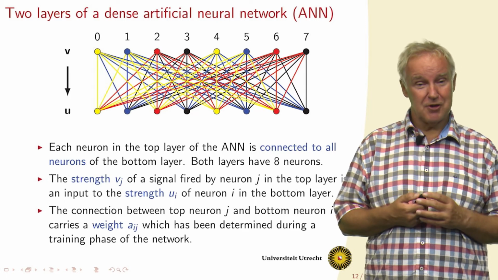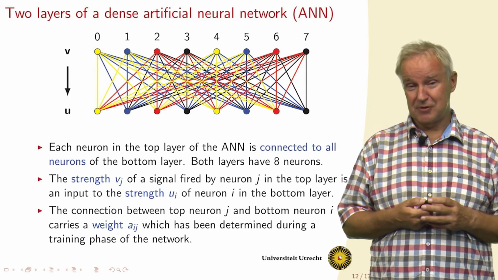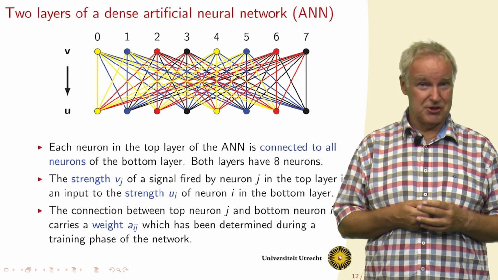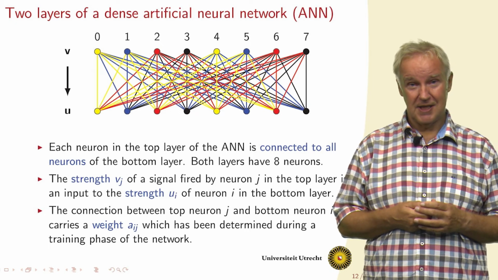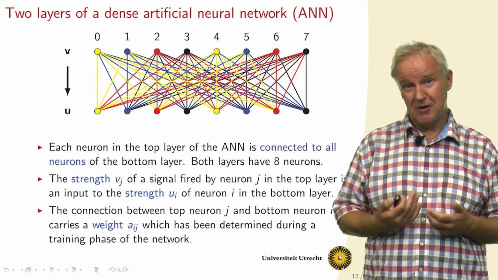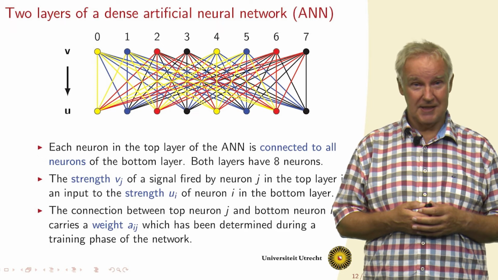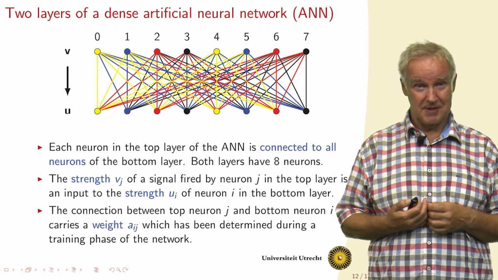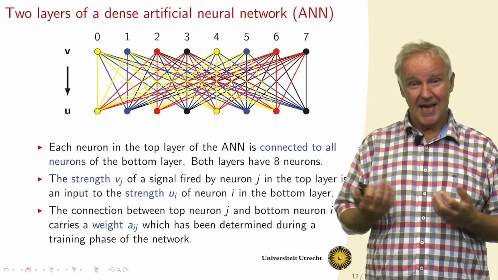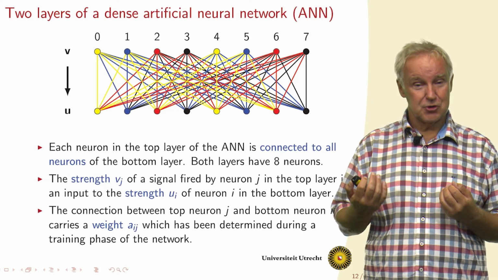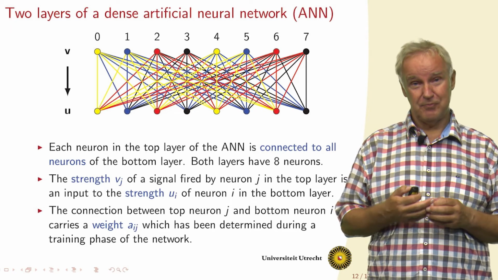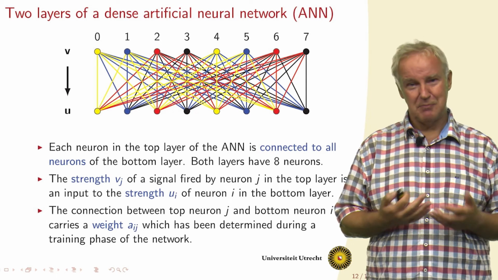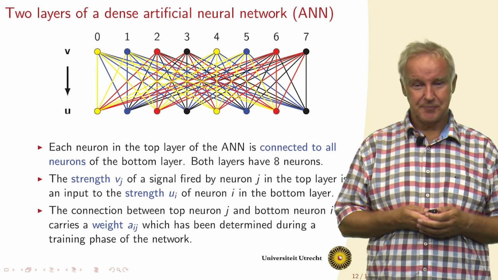We can view the top layer as a vector v, because there we have strengths vj of the neurons. And the bottom layer also has strengths ui, and they are computed in this artificial neural network by adding the strength of the top layer with some weights and then performing another operation.